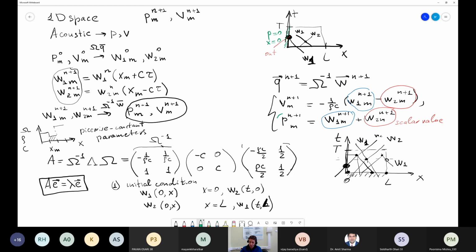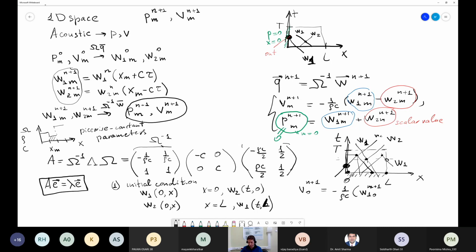In fact, we know this value. For m equal 0, we know that this is equal to 0. So let's calculate v at the position 0 at the next time moment. It is equal to -1 divided by rho c multiplied by the w1 at 0, n plus 1.